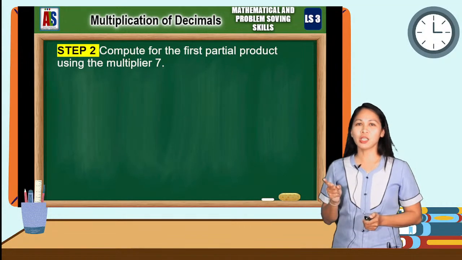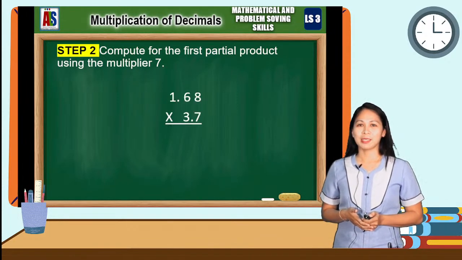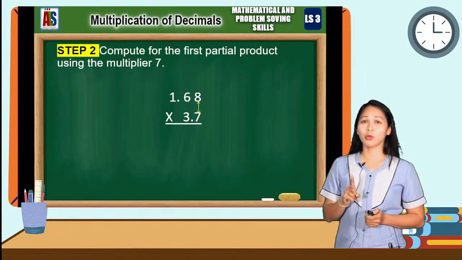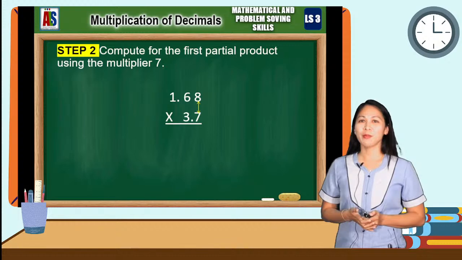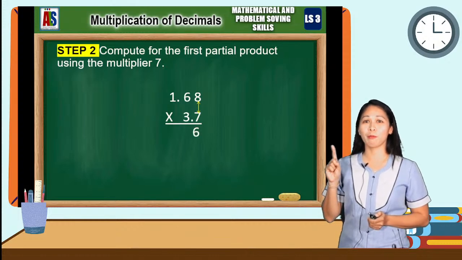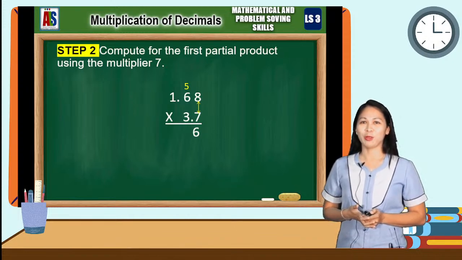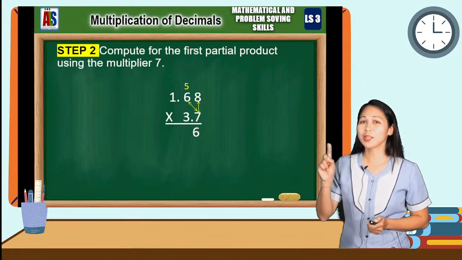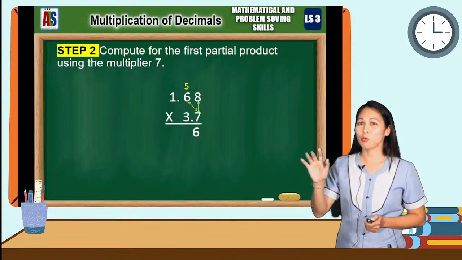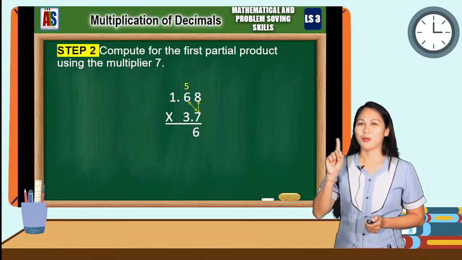Now, step 2. Compute the first partial product using the multiplier 7. Let's start. Multiply 7 times 8, that is equal to 56. Write 6 below the column of 8 and 7 and regroup 5 above 6 in the multiplicand. Now, multiply 7 times 6 is equal to 42. Add 5, that was regrouped. So, 42 plus 5 is equal to 47.